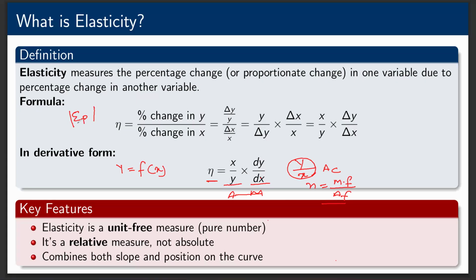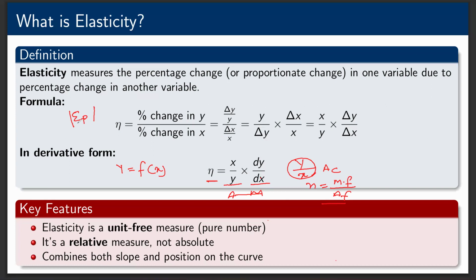The mod value, because we know if it's a demand curve, by default it will be a negative sign, because dy by dx will give a negative number. So the sign will be negative. So to understand elasticity, the values of elasticity range from 0 to infinity, right? So we are not considering the negative part, ignoring the negative part, only looking at this value. Clear? That's why we ignore the sign while calculating elasticity.